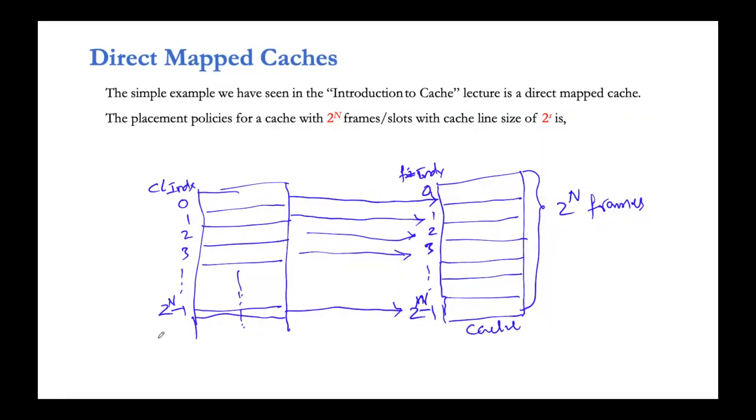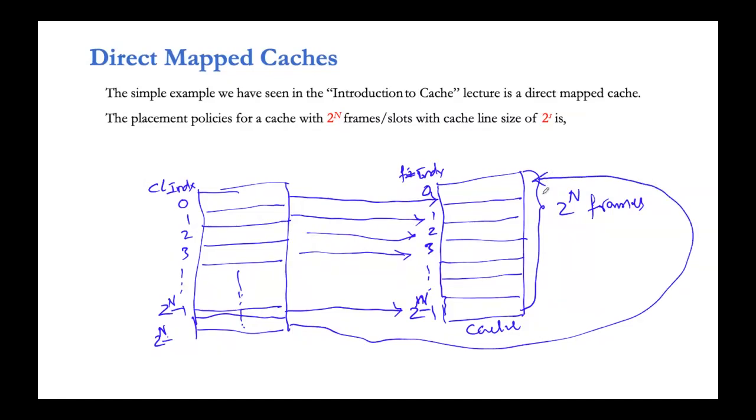The next one, cache line 2 to the power of n, goes and is stored into the first frame of your 2 to the power of n frame cache.